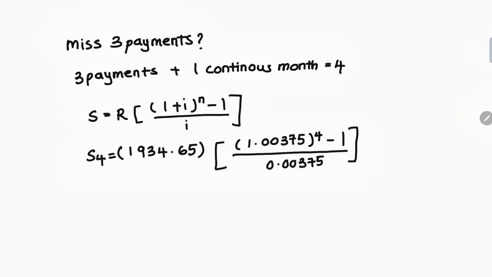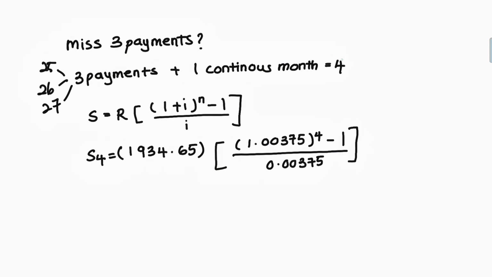Let's consider another real-life situation. What if we miss 3 monthly payments due to a financial emergency? If we decide to settle all outstanding payments in month 28, we need to calculate the future value of all unpaid installments. Although we only miss 3 payments, which are 25, 26, and 27, we are making the payment in month 28 as well.